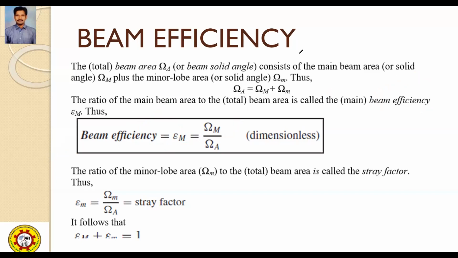So in your notebooks, try to note the first equation as beam area equal to major plus minor. Second definition, beam efficiency equal to the ratio of the main beam area to the total beam area. That is called beam efficiency.